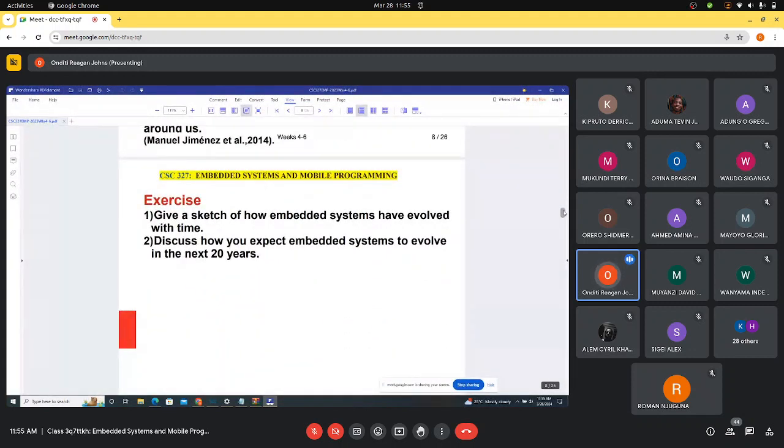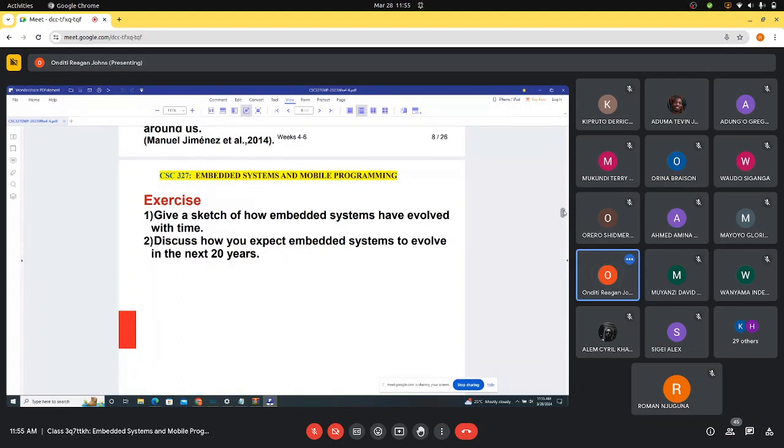Okay, so I will pause there and get back to you if anybody has a question or there is some part or aspect that you need me to explain further. Any question from the students? Anything that is not making sense in terms of the history of embedded systems, in terms of the architecture of embedded systems and computer systems?